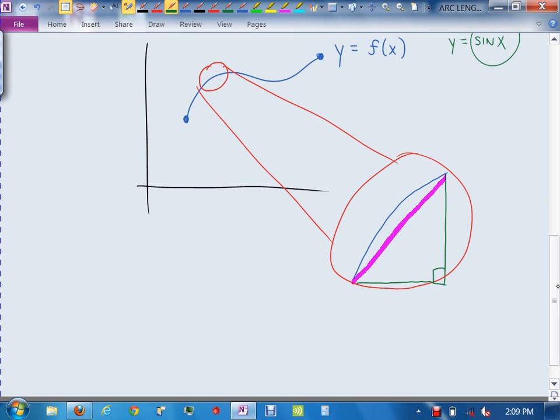So wouldn't that be dx? Do you see what I'm saying? Like if we took that one rectangle, we said how wide is it? It was dx, right? Well, the width of this one zoomed in little section is dx. And how tall is it?